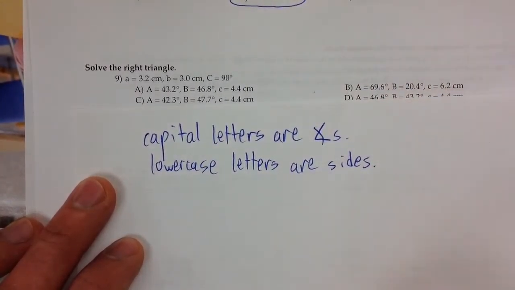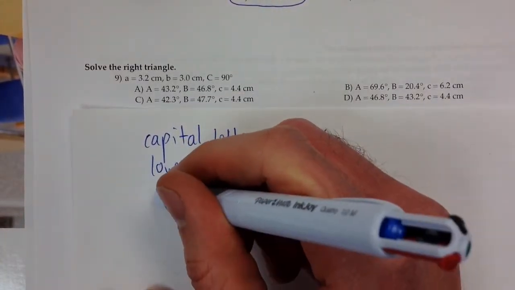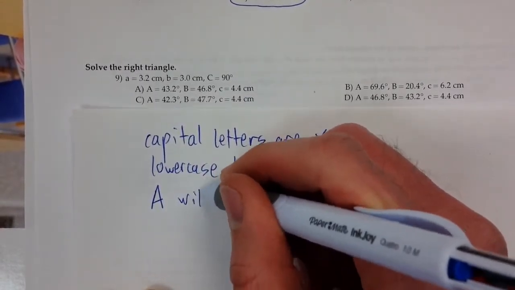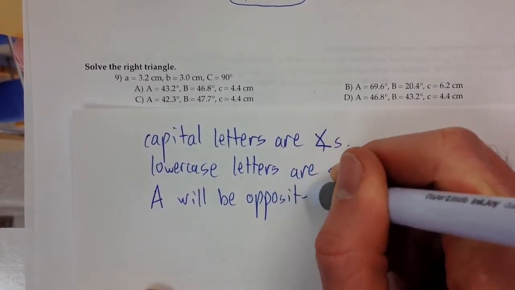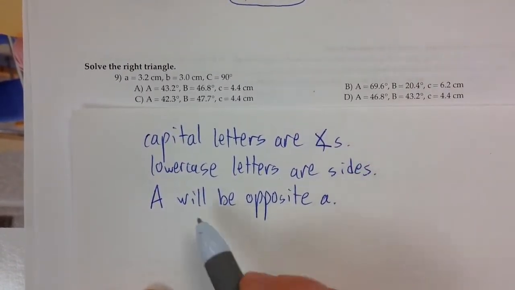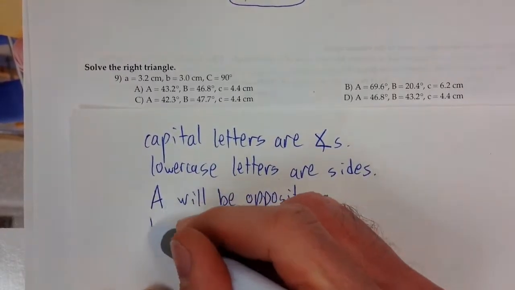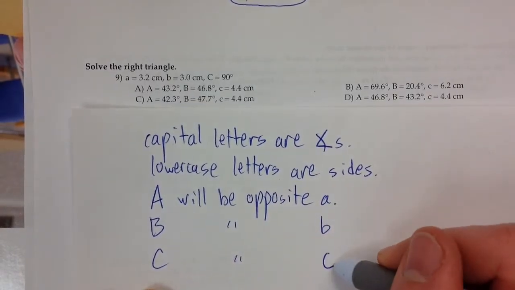Another important thing that you need to know is that capital A will be opposite lowercase a. So the letters that oppose each other will be the same. That's crucial.